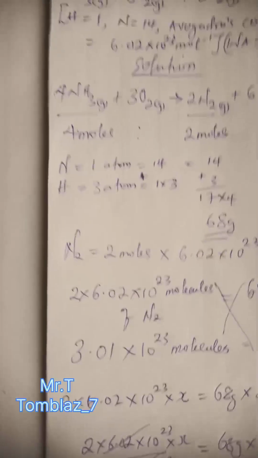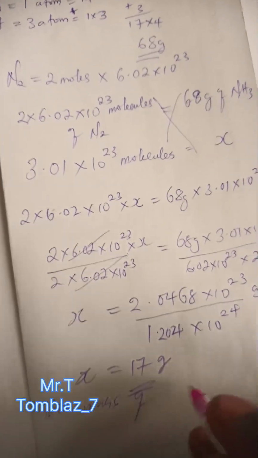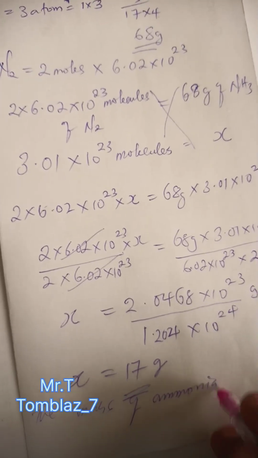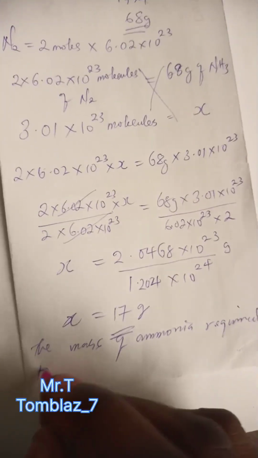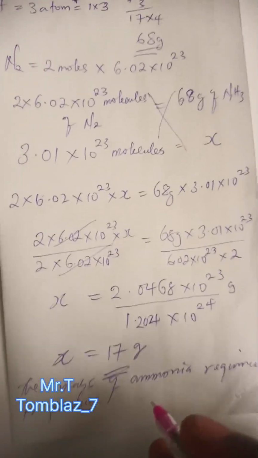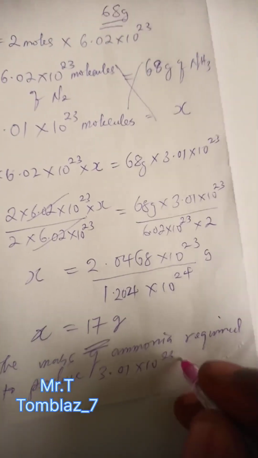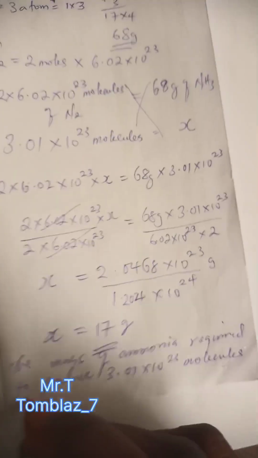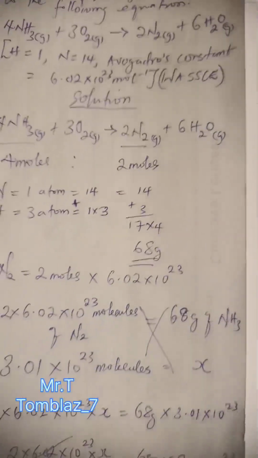So the question says we should calculate the mass of ammonia required. So to end it, you say the mass of ammonia required to produce 3.01 times 10 raised to power 23 molecules of nitrogen, according to this equation, is what? 17 grams.